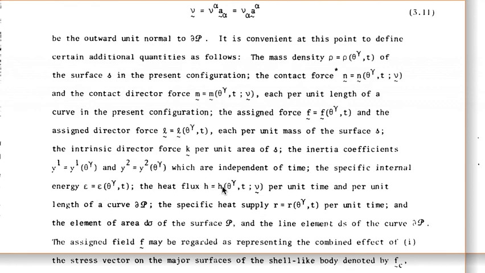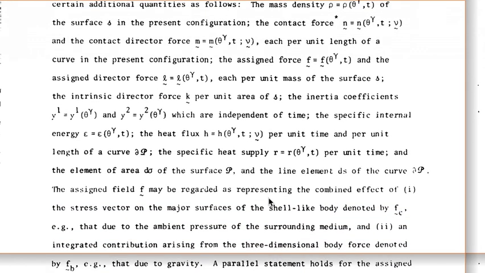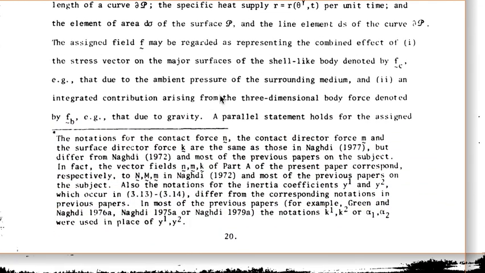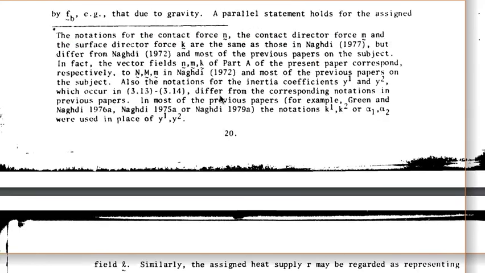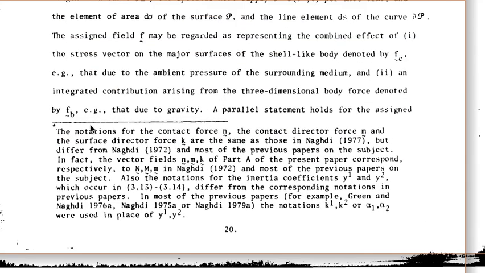And then there are terms corresponding to the internal energy, heat flux, and other things. So all these terms are used to form the balance laws, and we have F_B and F_C as the body force and surface force, okay.